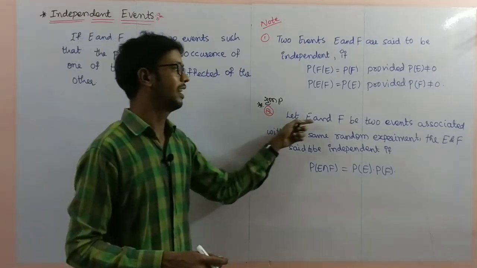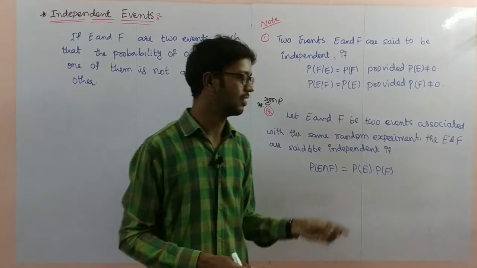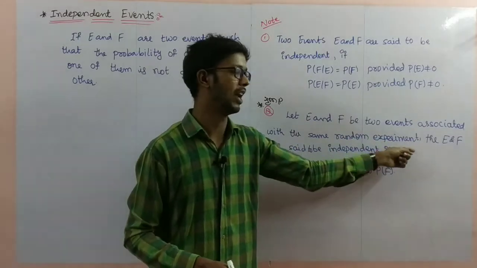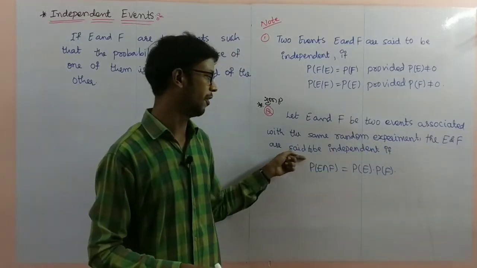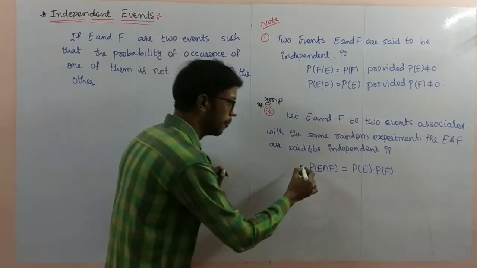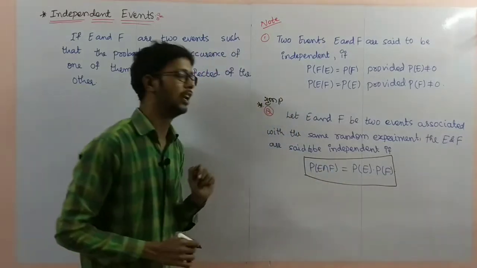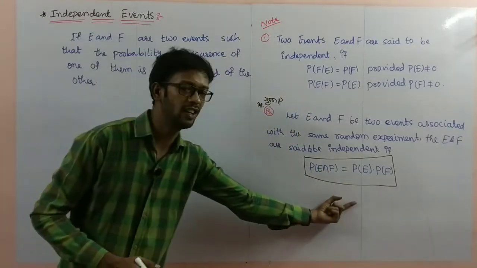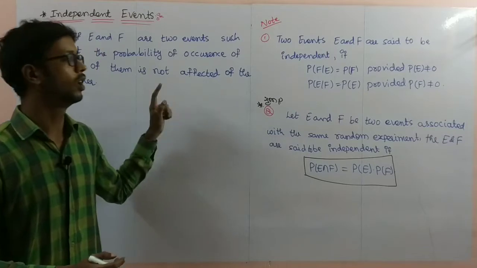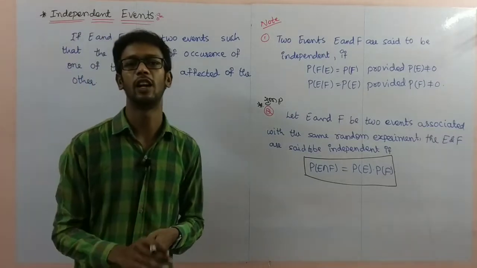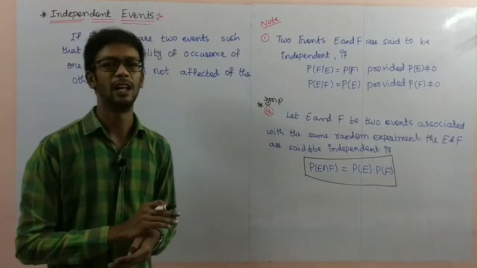So now let E and F be two events associated with the same random experiment. E and F are said to be independent if P of E intersection F is equal to P of E into P of F. If this condition is satisfied, the two events are independent events.